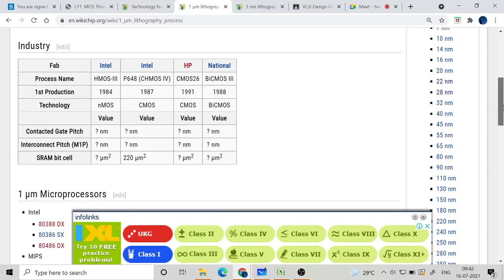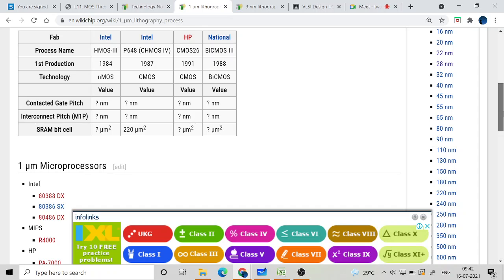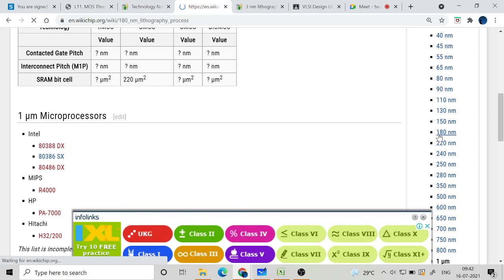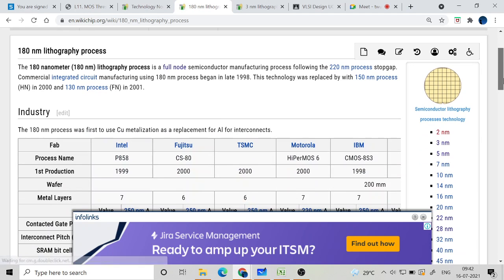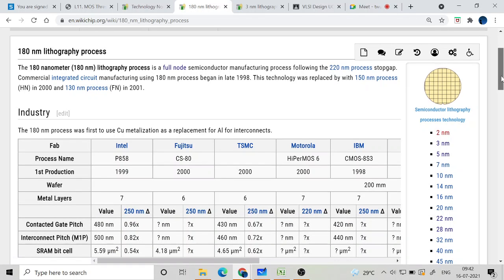Okay, so let's move upward. One major technology was 180 nanometer, as you can see in 2001. It started in 2000.